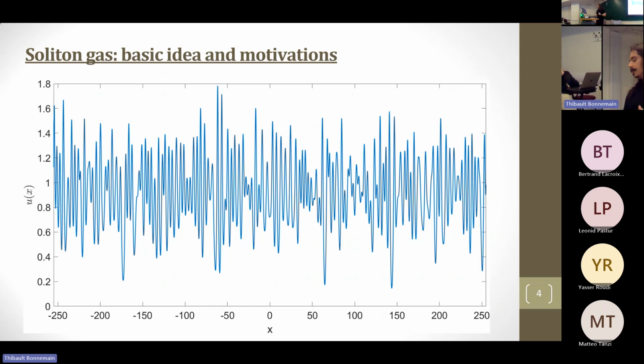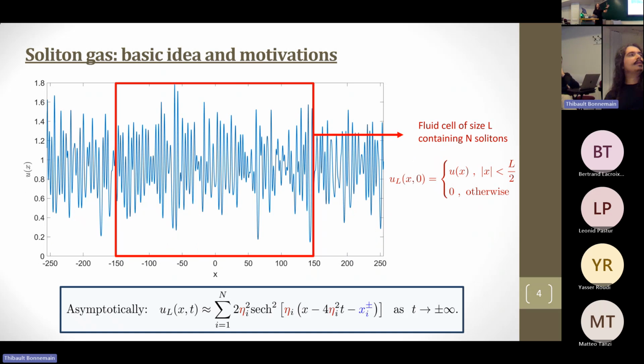Okay. So to be a bit more specific, let's say that this is not an n-Soliton solution. Let's say it's just a generic solution to the KdV equation. You can take a piece, a fluid cell of this solution, isolate it, and let it evolve. So let's say I take my gas again here, something like that.